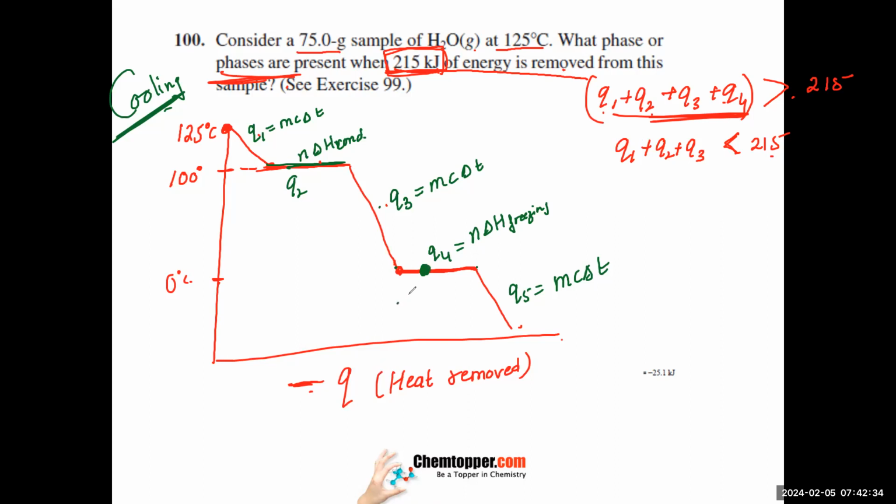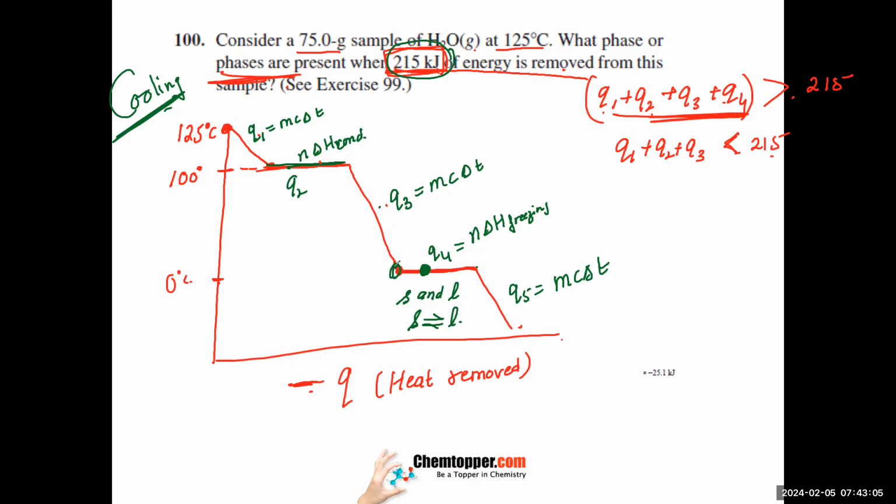Solid and liquid. It's a phase change. So when you remove 215 kilojoules of energy, you keep adding your Q1, Q2, Q3, keep comparing it with 215. Check where it crosses 215, where it is more than that. Stop there and identify that point.